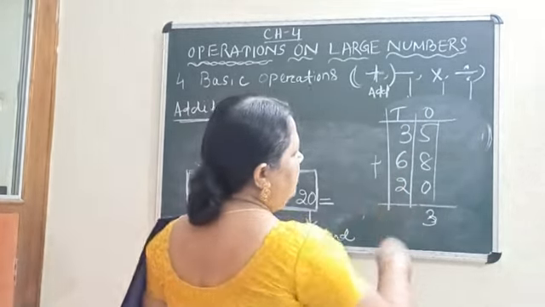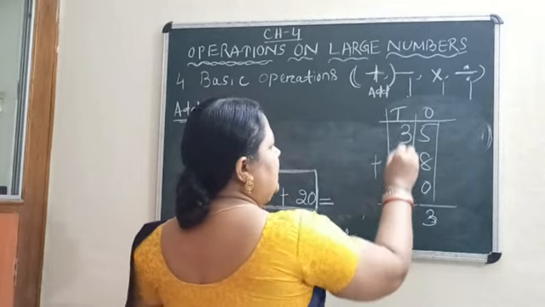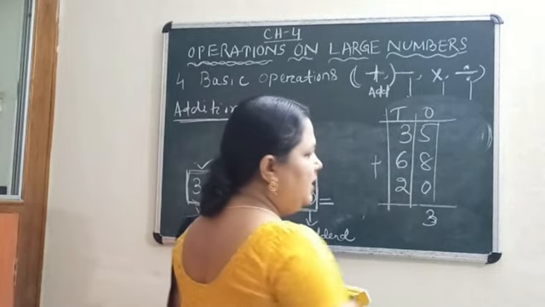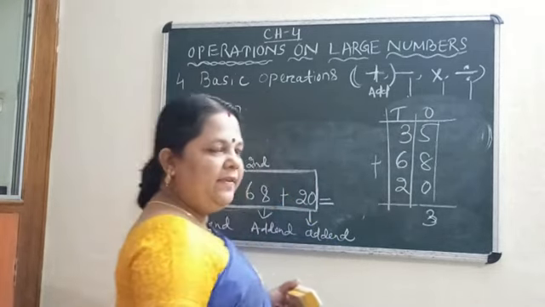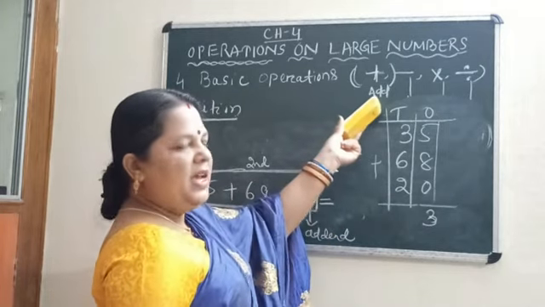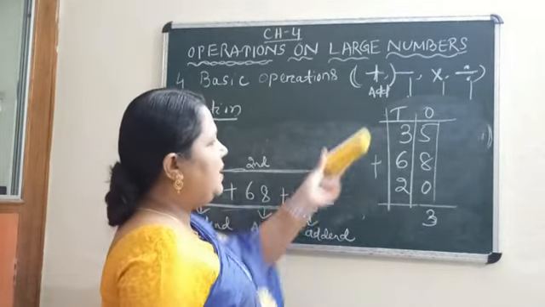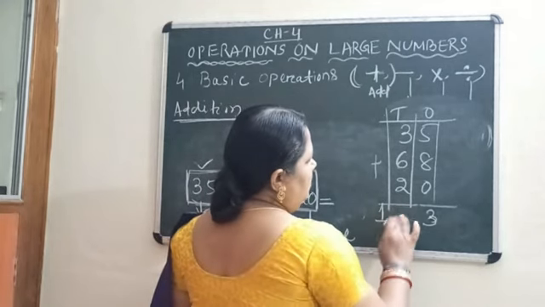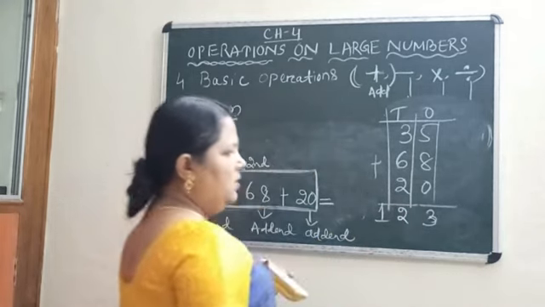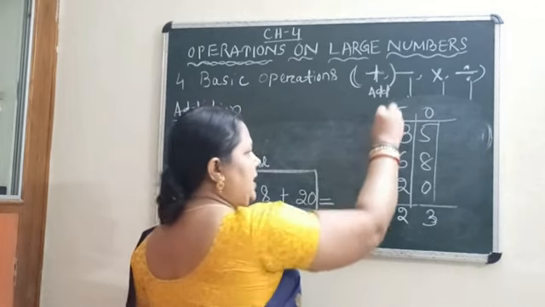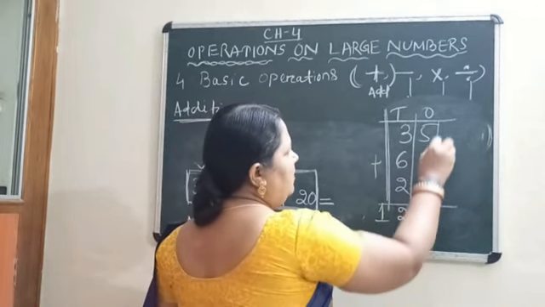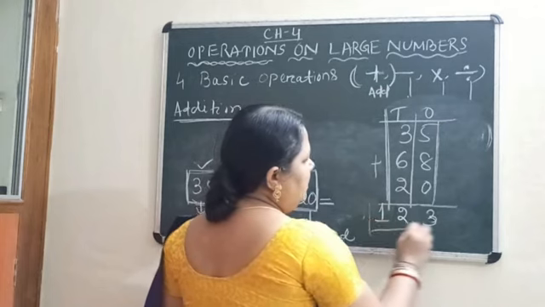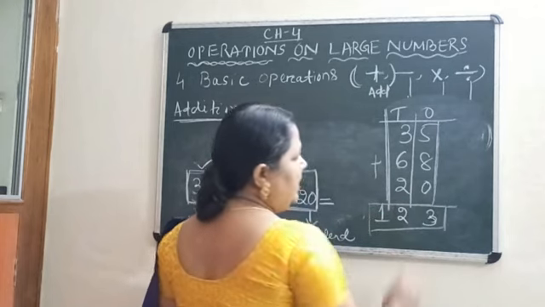Okay. Then come to tens place, you will add this one. 6 plus 3, how much? 9. 9 plus 2, 11, and 1 carry forward is here. So 11 plus 1, how much are you getting? This is 12. So after addition of all three values, we are getting 123.